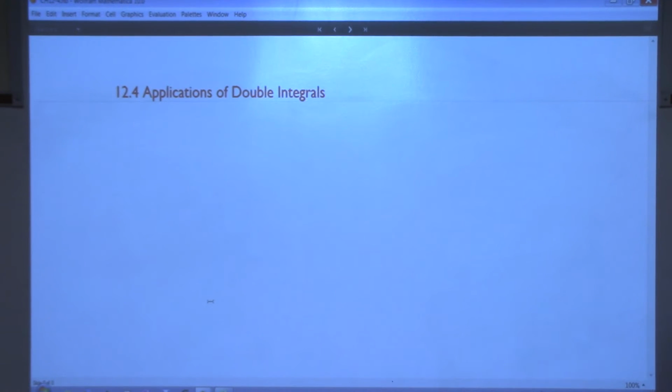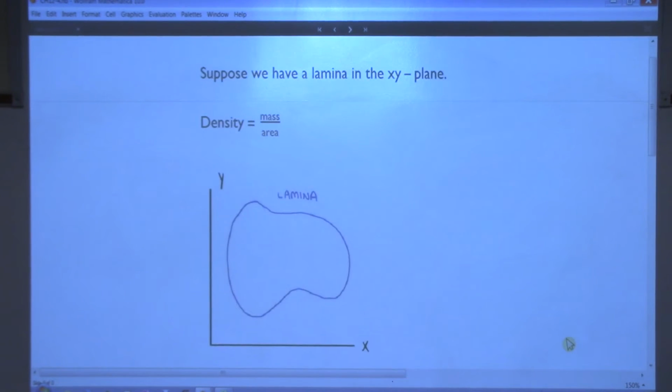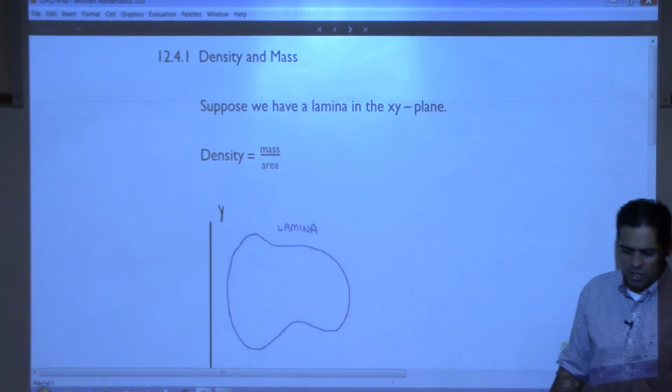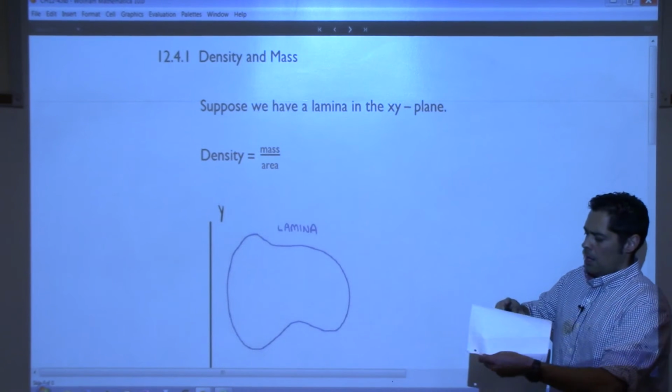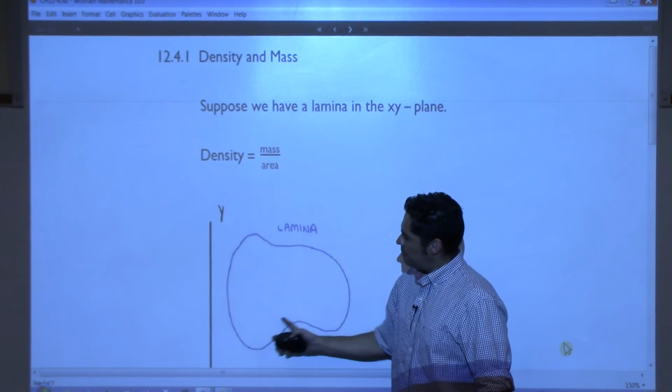But here are some of the things you can do with double integrals. Suppose you have a lamina. A lamina is like a two-dimensional sheet, a piece of paper. That's a lamina. And it has some weird shape to it. Here it is.